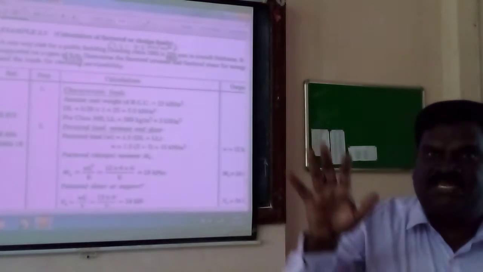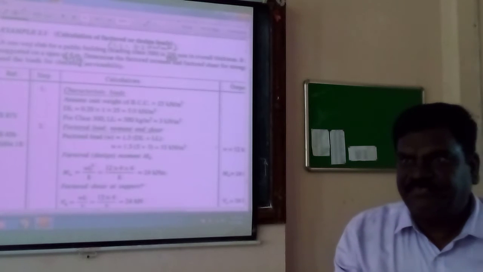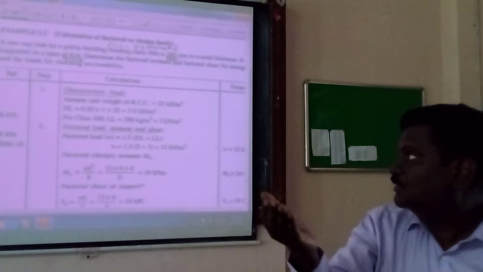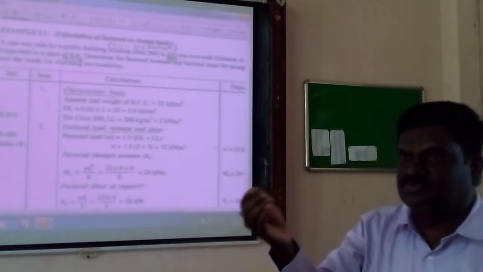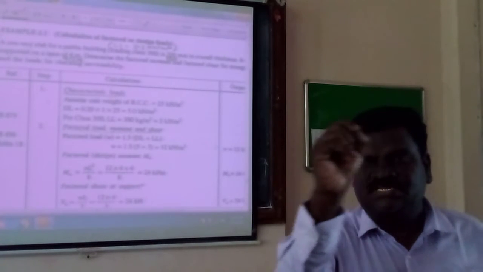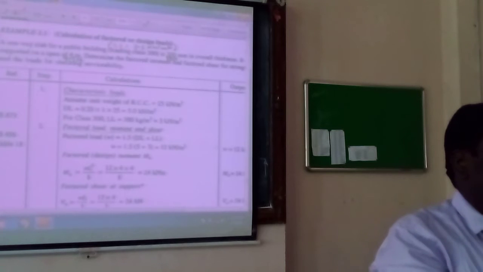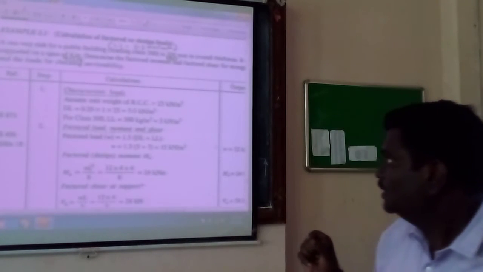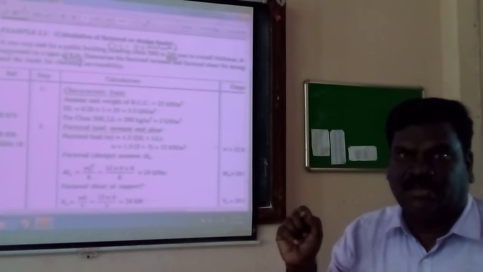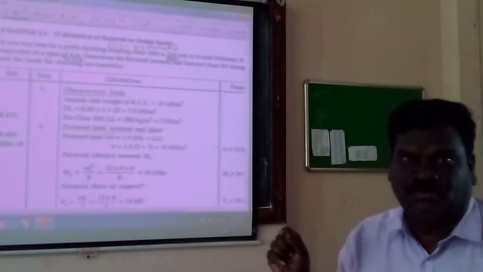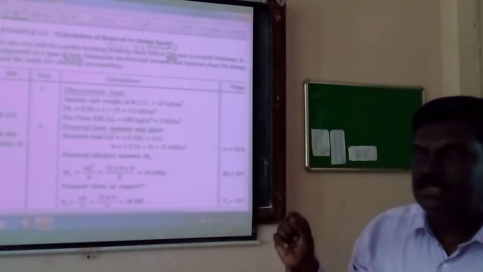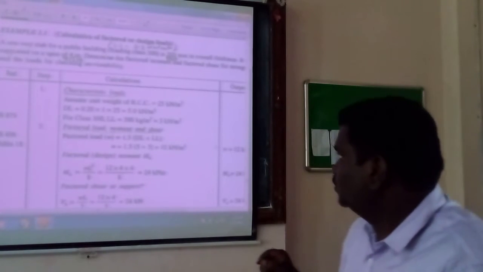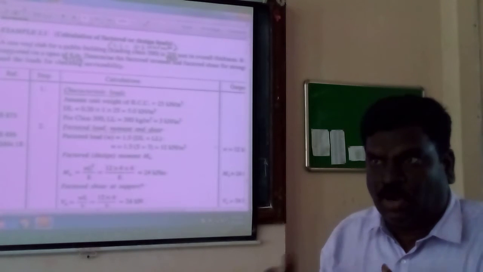That into density of concrete will give me the self weight. So calculate the dead load of slab, DL. First you are computing characteristic load, that is the working load, service load. Dead load of slab, DL of slab, is equal to 0.18 into 1 into 25.